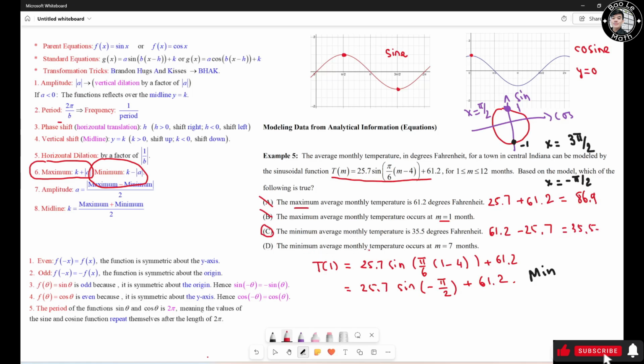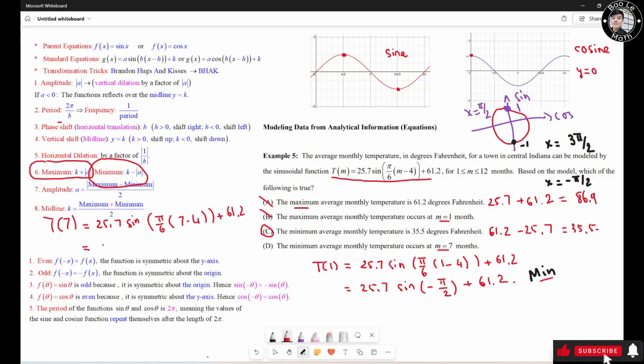Now question D right here. The minimum average monthly temperature occurs at m equals 7 months. So we have T of 7 equals 25.7 sine of pi over 6 times (7 minus 4) plus 61.2.